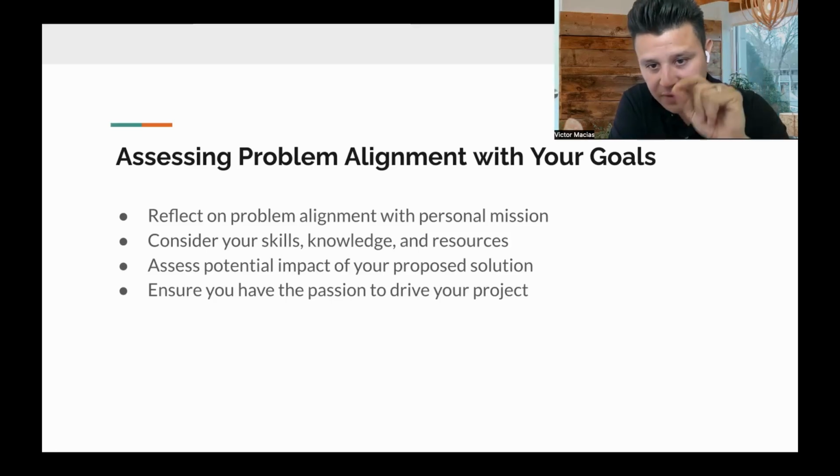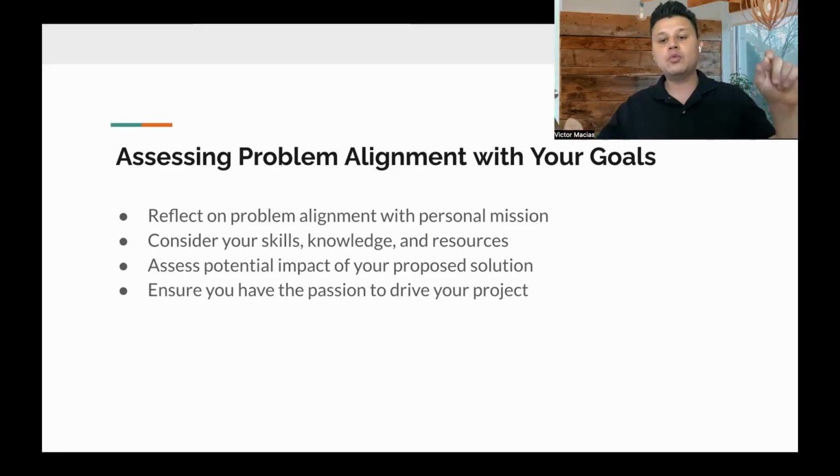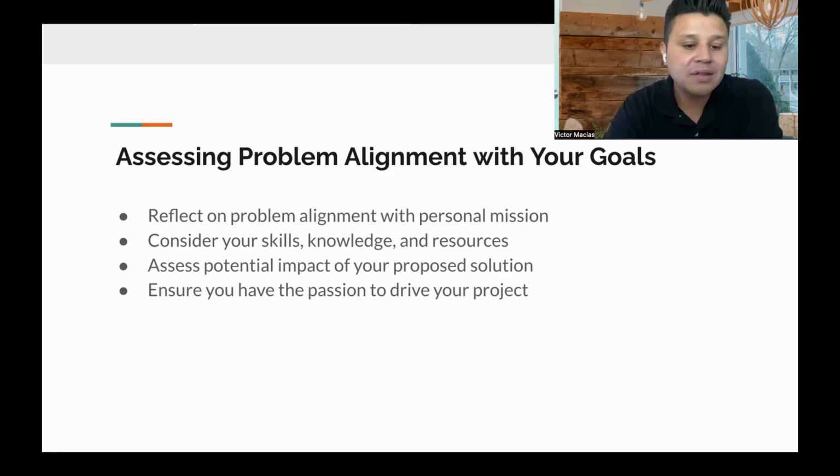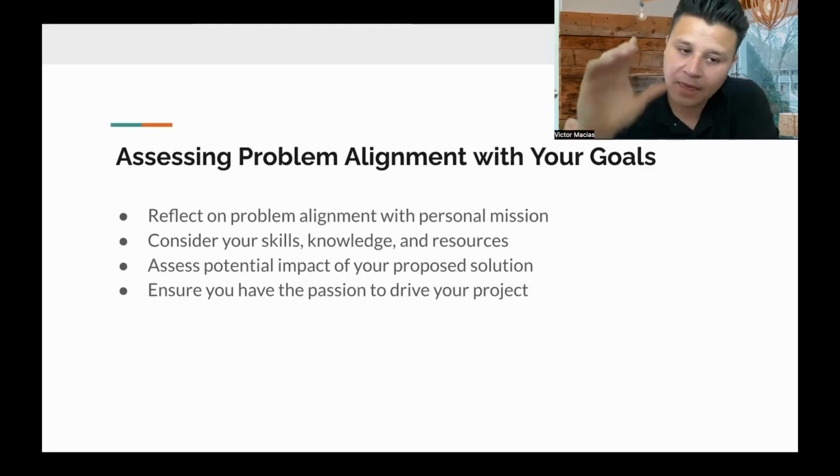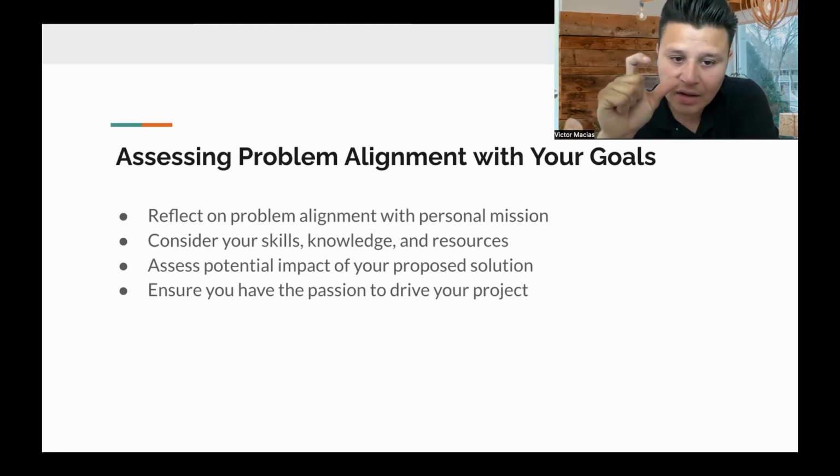We've done a strength assessment and a weakness assessment. Do your strengths align with what you're trying to solve? Assess the potential impact of your proposed solution. And ensure that you have a passion to drive this project towards success. The inevitable ups and downs, the fact that it'll cost more, that it'll take longer than expected. You have what it takes and the passion to keep you going. That is how you align the problem with who you are.